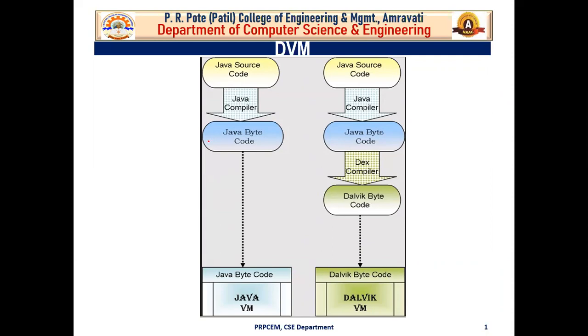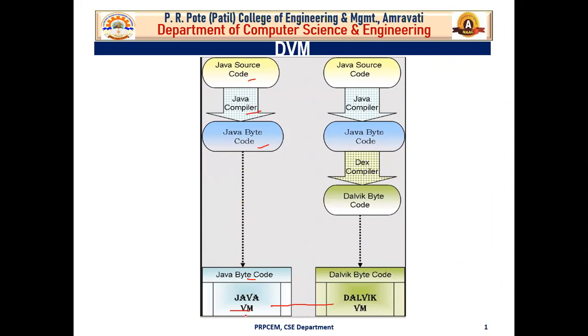The DVM, the Dalvik virtual machine, is a subset of the Java virtual machine. Now we have seen Java platform programs. Java source code is compiled into Java bytecode by using the Java compiler, and then the Java bytecode is interpreted by the Java virtual machine, and now the output is generated.